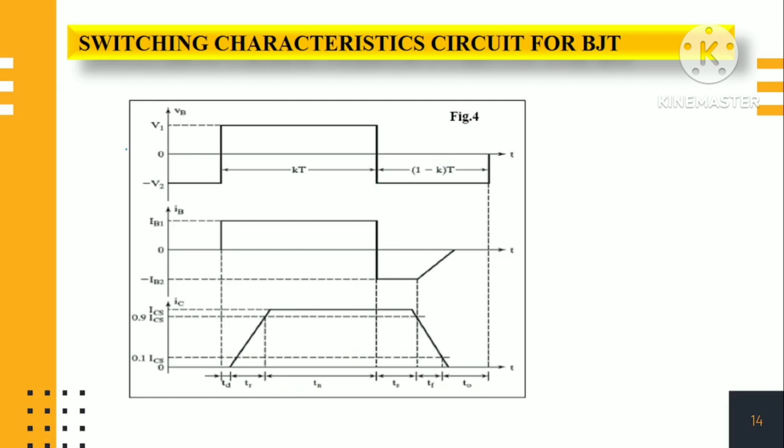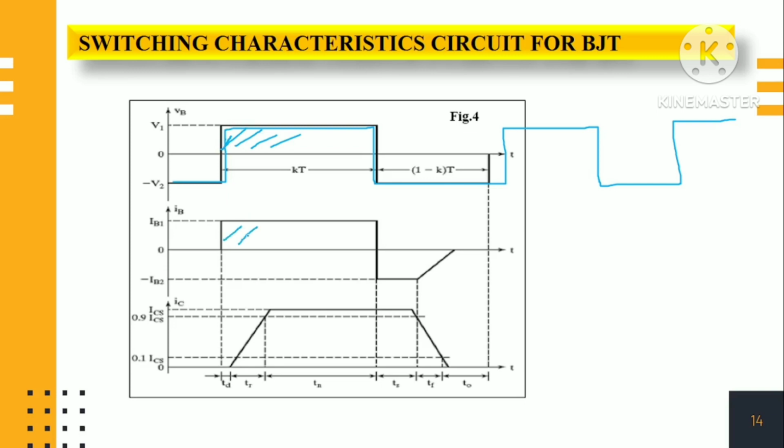This is the train of pulses given as the base supply, going on and off. When the pulse is high, in the positive direction, there will be base current.